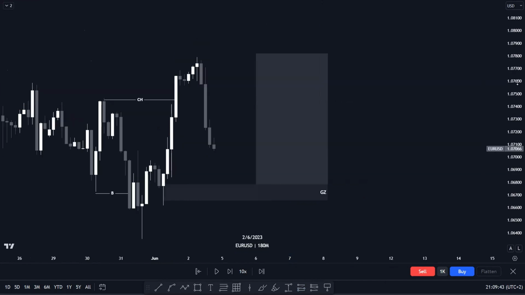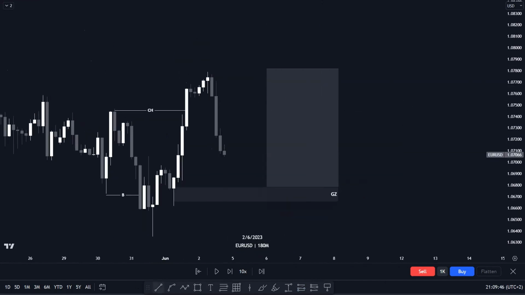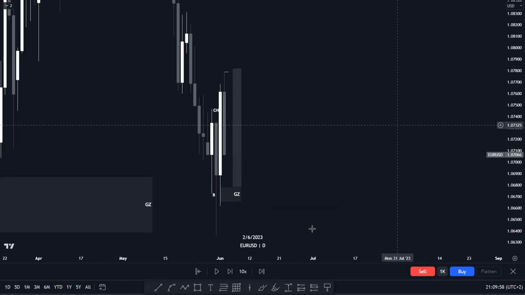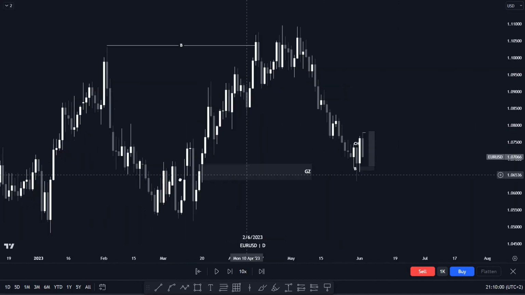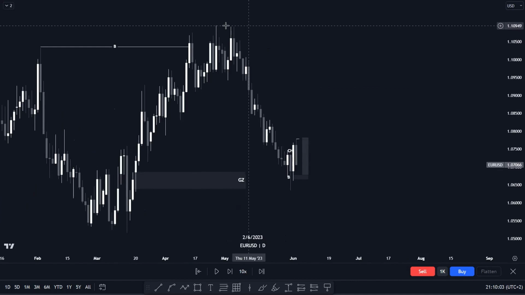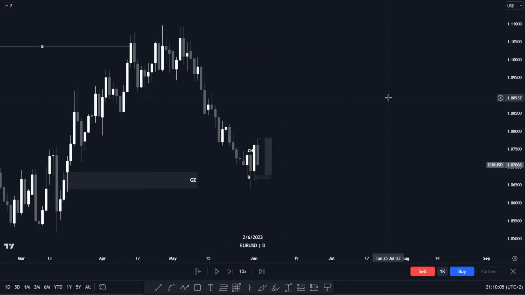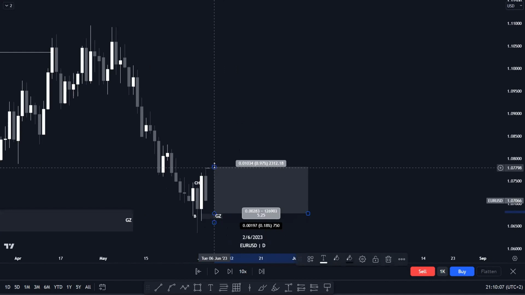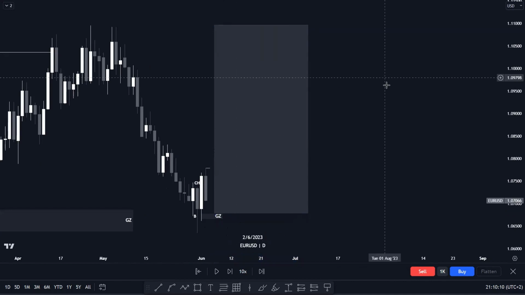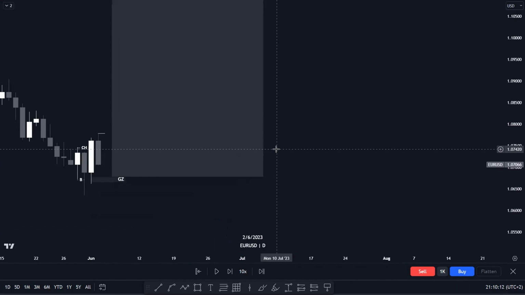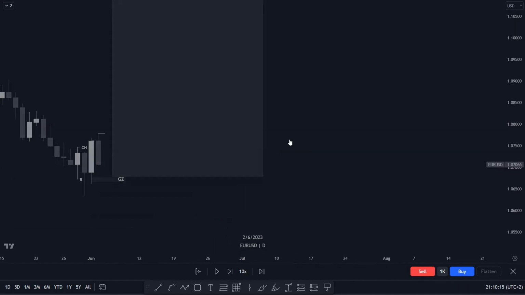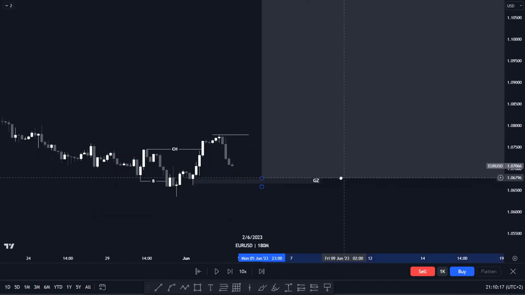Our first take profit will be at this high here, because we know that this high should be taken out, and our second take profit will be on our higher time frame high. So this is going to be our entry and our take profit. Let's just scale down to the lower time frame and look for our entries again.